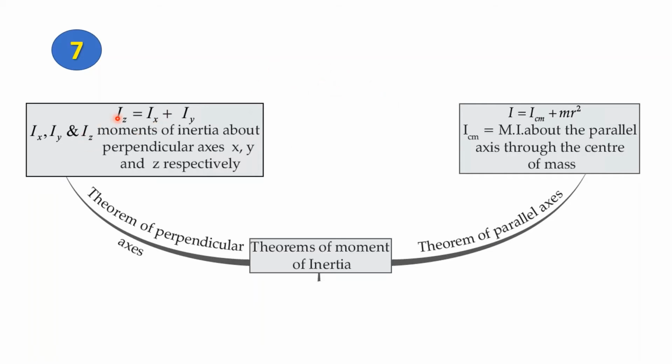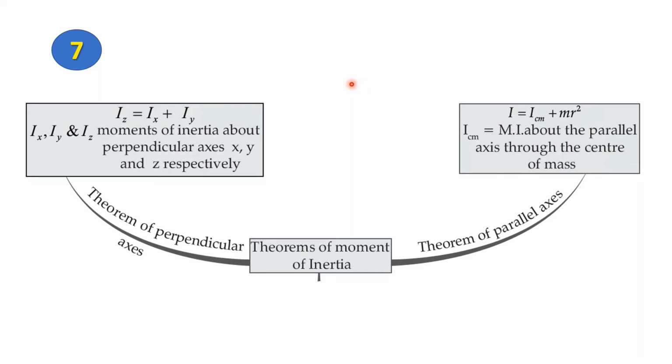What this formula says is that to find the moment of inertia of an object about the z-axis, we add the moments of inertia about the other perpendicular axes, namely x and y axis.